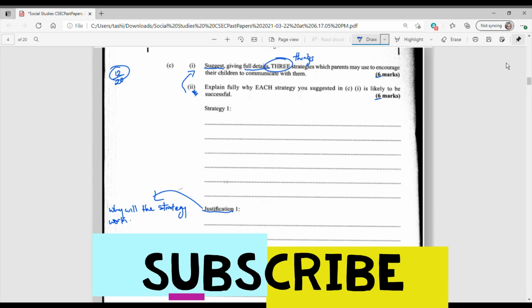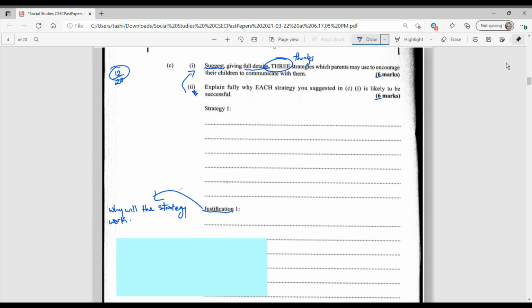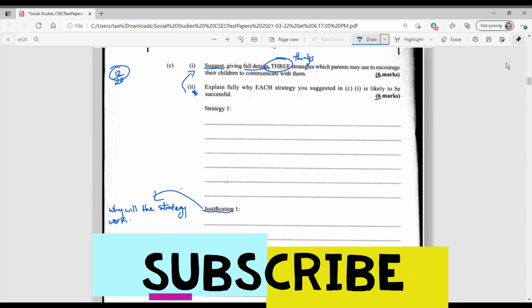So we can say that from a young age, the parent can build an emotional connection with the child by communicating with them, talking to them about their day, expecting that the child is going to tell them about their day, asking them questions about their day that will facilitate early communication as well as that emotional bonding. So once that is done, then we would go to justification and explain why the strategy that we mentioned above is likely to be successful. So then we would be required to write that.